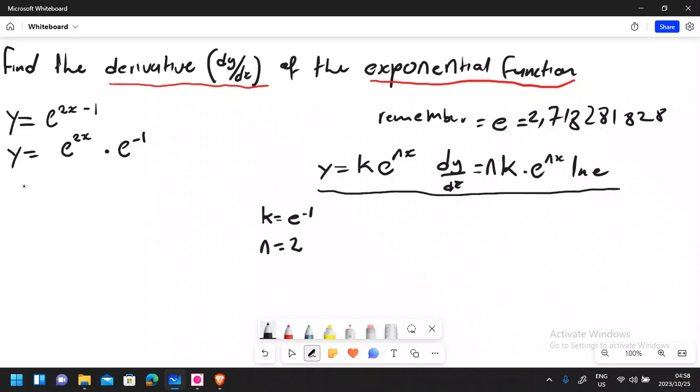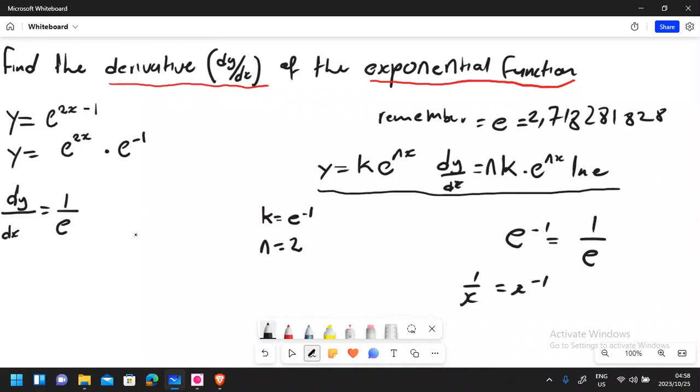So let's do our dy/dx now. In this one, we know that this is going to be our e to the power of -1. You know that anything to the power of -1 is going to be 1 divided by that thing. Remember, this is the same as that.